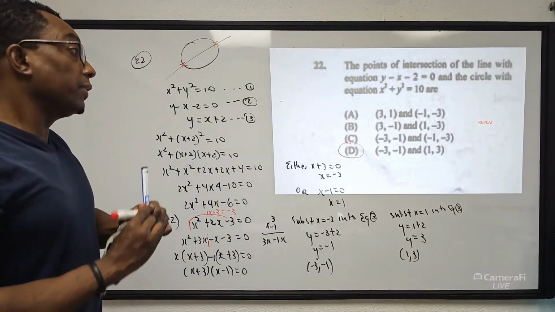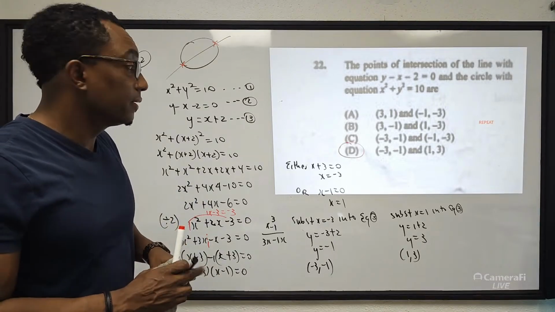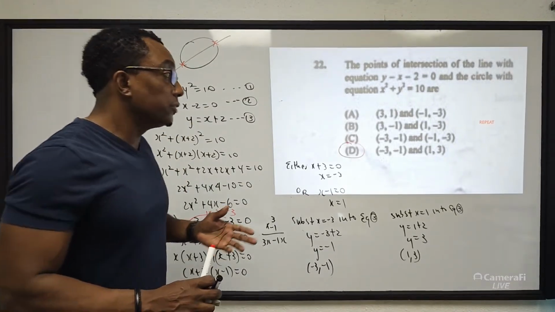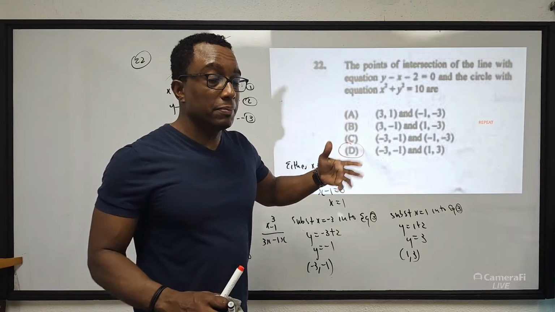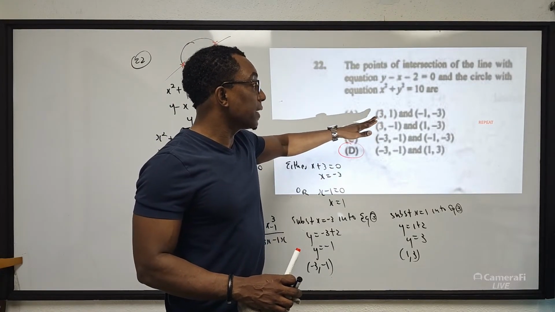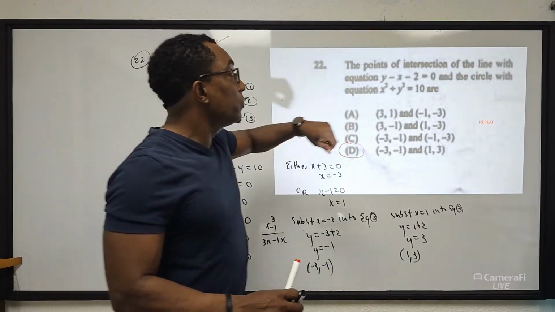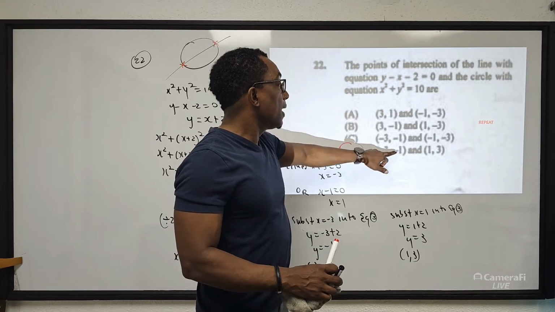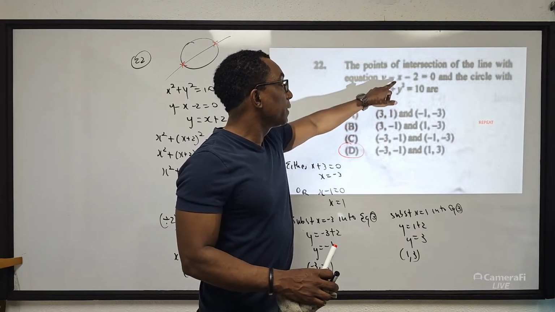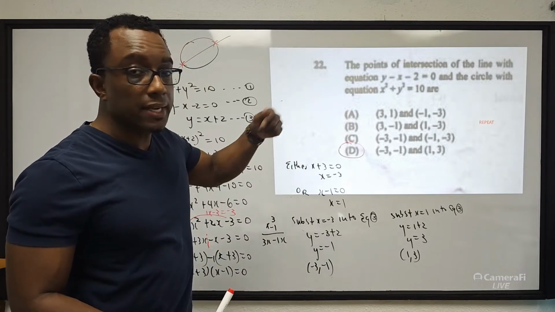Okay? And what you could have done to make this easier, instead of going through all this working, is just trial and error, right? That's trial and error, which will take some time in the exam. So you're going to take each one of the points and their coordinates and substitute them into each equation. So if you replace y with negative 1 and x with negative 3 and you work it out and subtract 2, you're supposed to get 0.